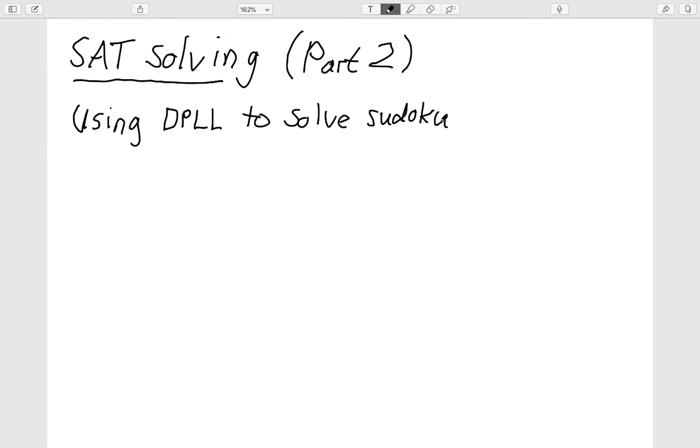So let me first remind you what a sudoku puzzle looks like. In order to be able to draw things on the tablet here, I'm going to deal with a small puzzle for illustrative purposes. So rather than the usual 9 by 9 square that one gets for sudoku puzzles in books of sudoku problems, I'm going to use a 4 by 4 square, which makes it a very, very easy problem.